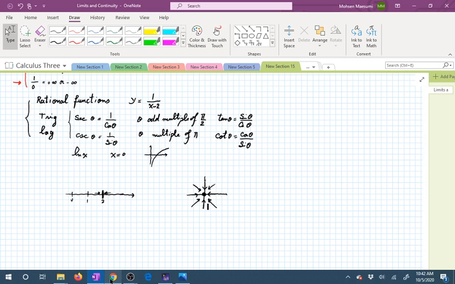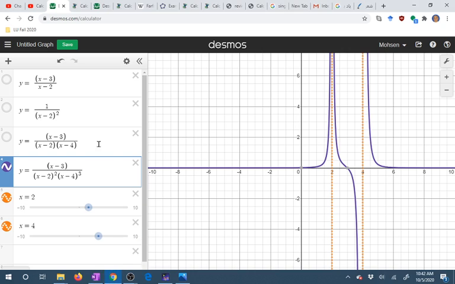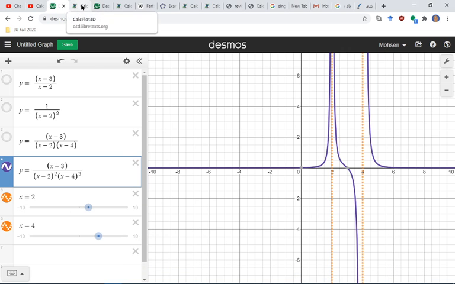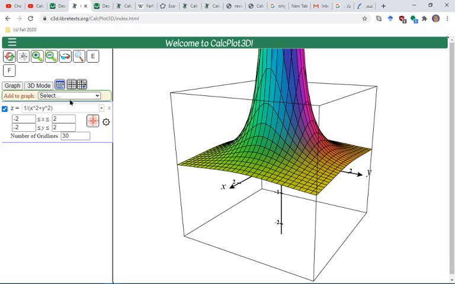Right now, let's go to our CalcPlot3D. Here what I have drawn is 1 over x squared plus y squared. So the numerator is 1, the denominator is just x squared plus y squared. Where does this denominator become 0? Obviously at the origin.